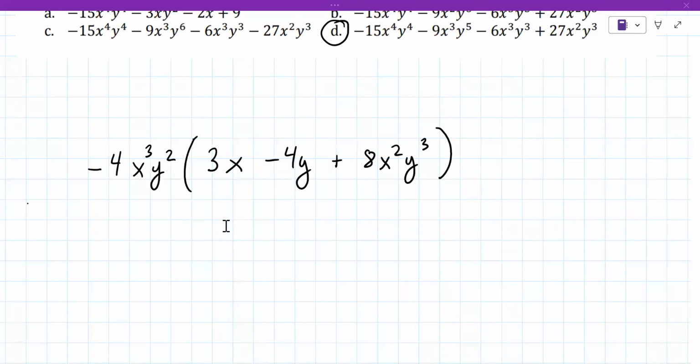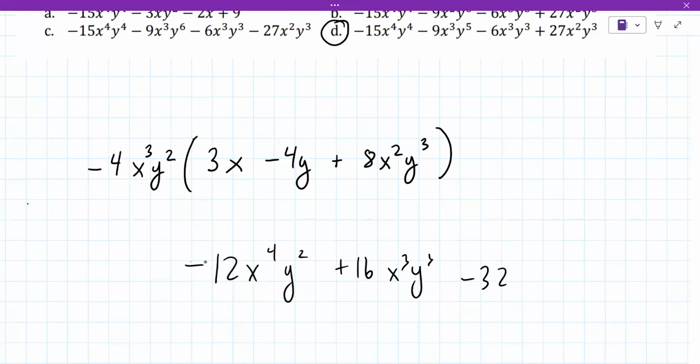Give me your final answer whenever you're ready. Negative 12x to the 4th y to the 2 plus 16x to the 3 y to the 3 minus 32 x to the 5 y to the 6. Fifth. You're adding the exponents, not multiplying them. Yeah. Thankfully, that probably would not have been a multiple choice, but it's a small thing.